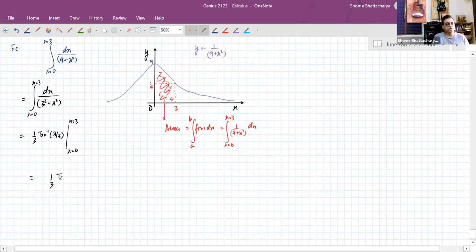Now the upper limit becomes tan inverse 1, and the lower limit becomes tan inverse 0. So you know it's pi by 4. So pi by 12 becomes that area.